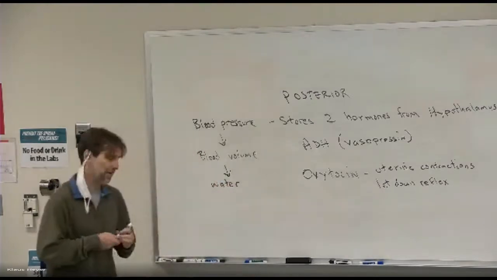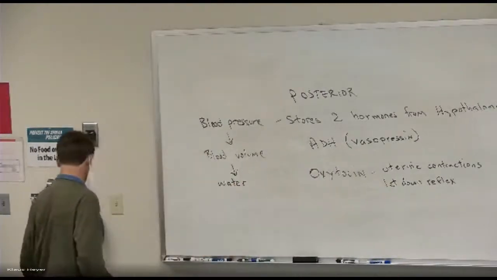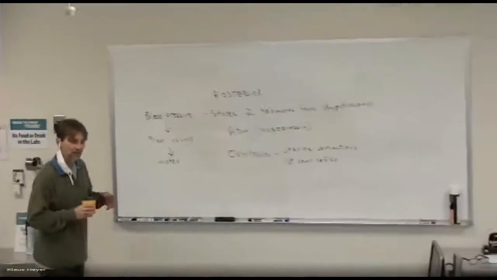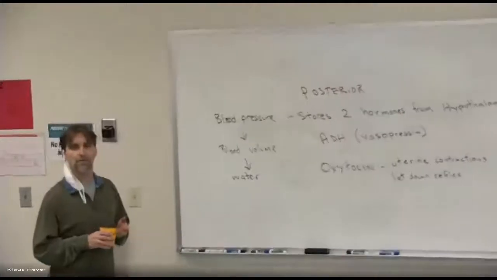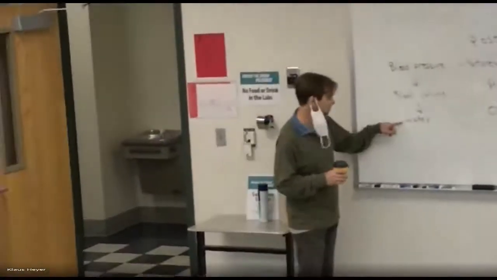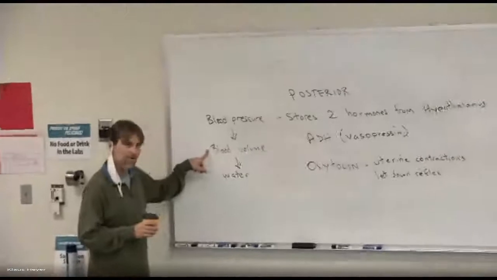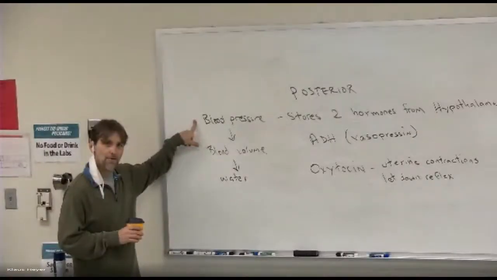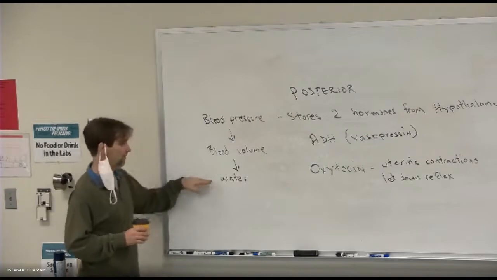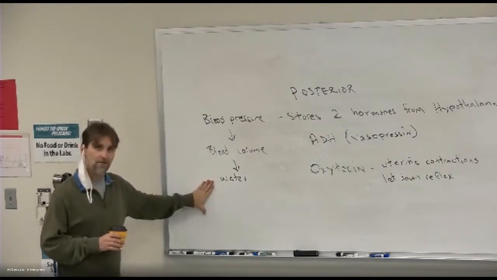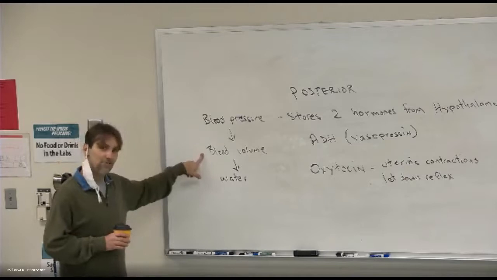So when I drink a bottle of water, I literally have more blood than I did before I drank that bottle of water. So as I drink more water, my blood volume goes up, which keeps my blood pressure up. And then conversely, if I'm dehydrated, my blood volume goes down.